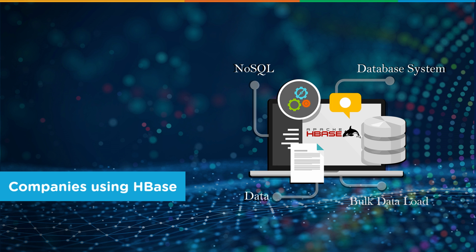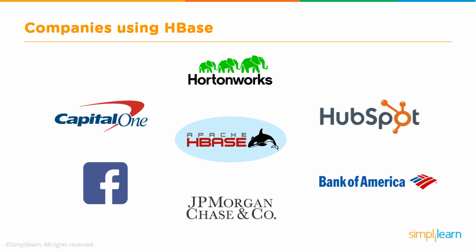Companies using HBase. So let's take a look and see who is using this NoSQL database for their servers and for storing their data. And we have Hortonworks, which isn't a surprise because they're one of the, like Cloudera, Hortonworks. They are behind Hadoop and one of the big developments and backing of it. And of course, Apache HBase is the open source behind it. And we have Capital One as banks. You also see Bank of America, where they're collecting information on people and tracking it.